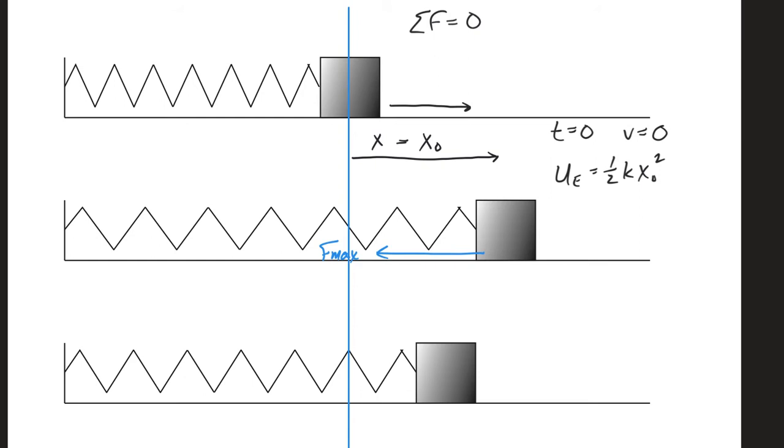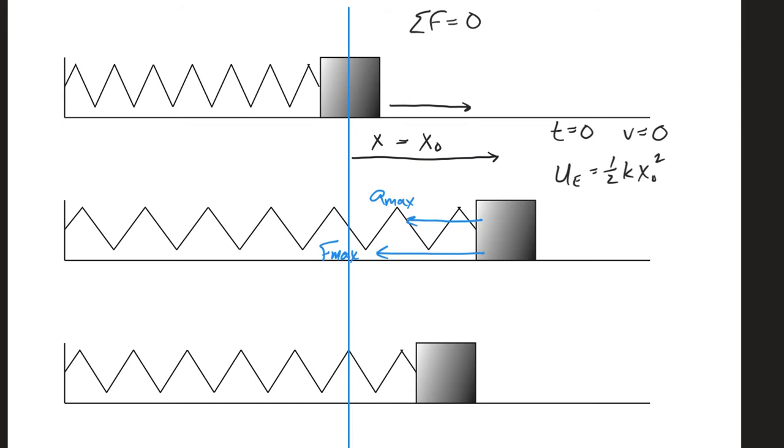So at amplitude, we are experiencing the maximum force. Also at the amplitude, because we're experiencing the maximum force, we're also experiencing the maximum acceleration. So acceleration is max here. Both of them are pointing towards equilibrium.